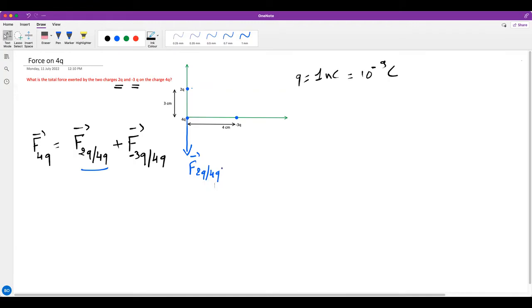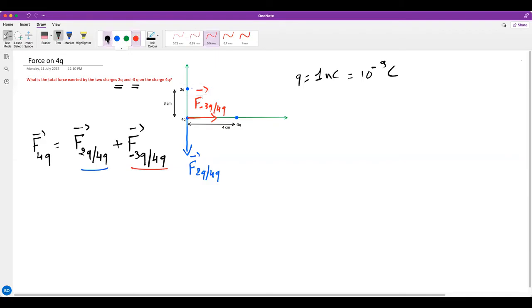The force exerted by charge minus 3q on 4q goes this way, because the charges are of opposite sign, 4q and minus 3q, and consequently they will attract each other. So 4q will go to the right because it will be attracted by the charge minus 3q.